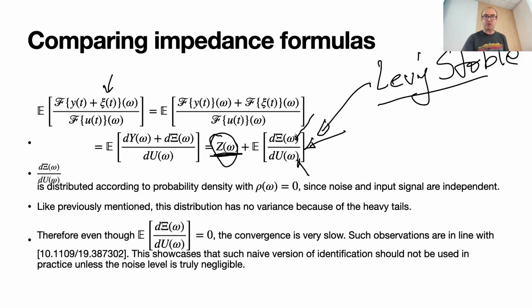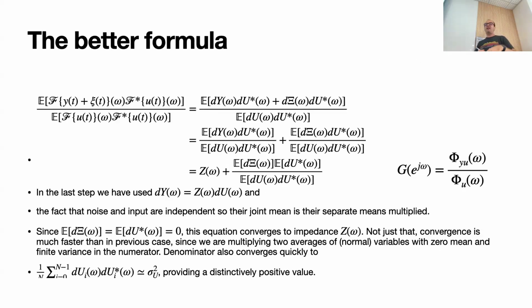What we are going to do, what everyone is doing, is this, what I told you. We take the cross correlation and the autocorrelation. The noise is present everywhere. And if we go through this analysis, we get our impedance plus this value here. And what is important with this is this higher part. We have the expected value of the noise multiplied by the expected value of our voltage.